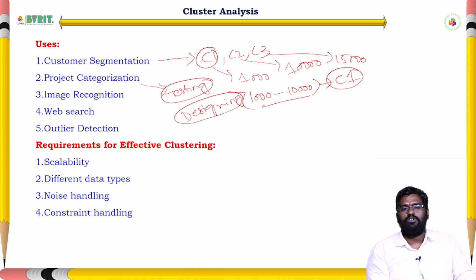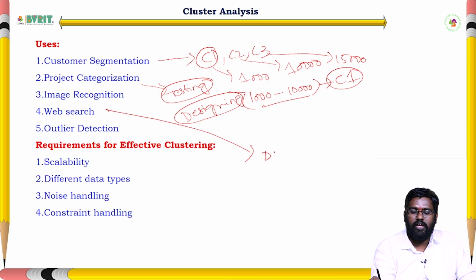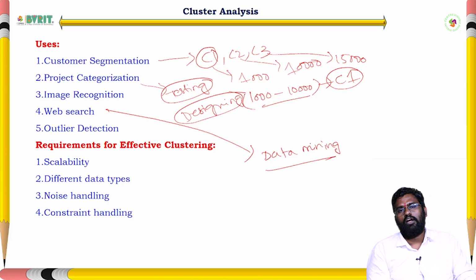And web search. How we use cluster analysis in web search: whenever we search for some word, for example, I am searching for the word data mining, the data mining related words, contents, architectures, everything will be displayed.